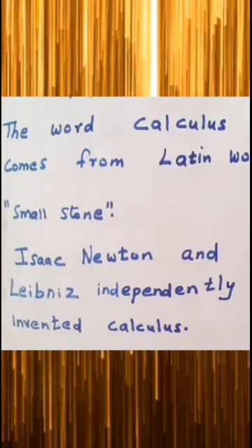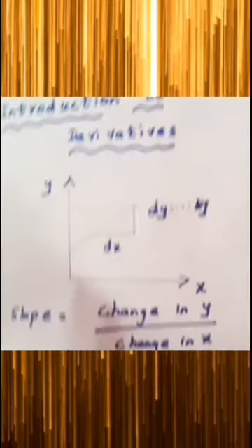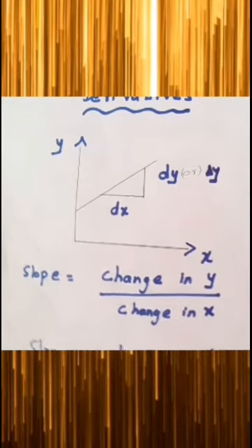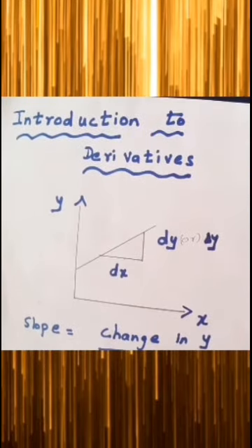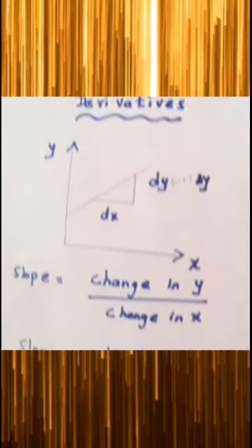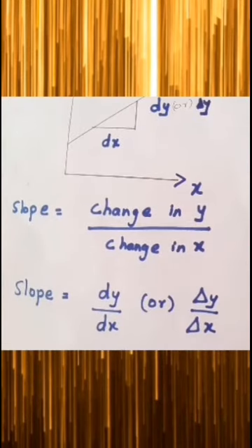Sir Isaac Newton and Leibniz both independently developed the concept of calculus. Introduction to derivatives: derivative is nothing but slope. Differentiation is nothing but slope. dy by dx is the change in y variable divided by the change in the x variable.